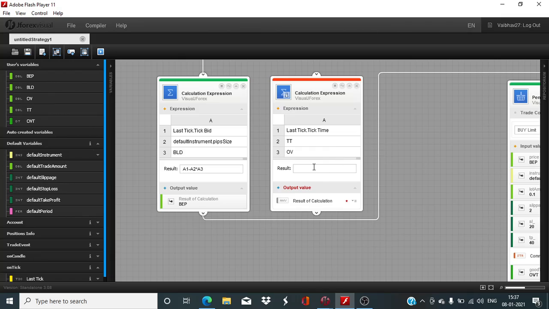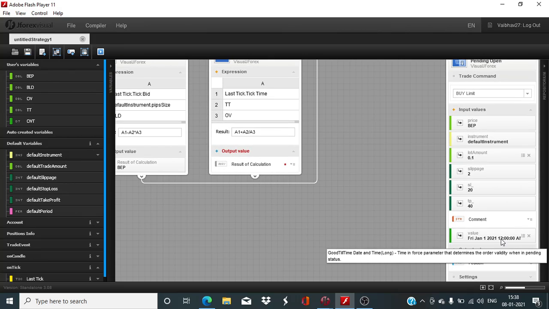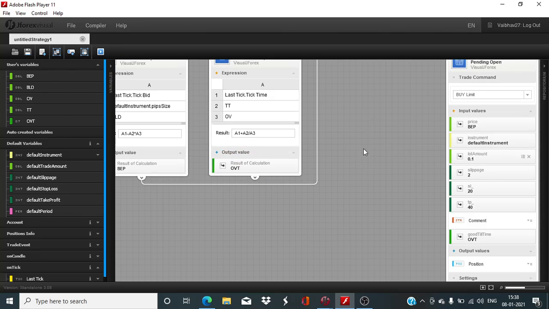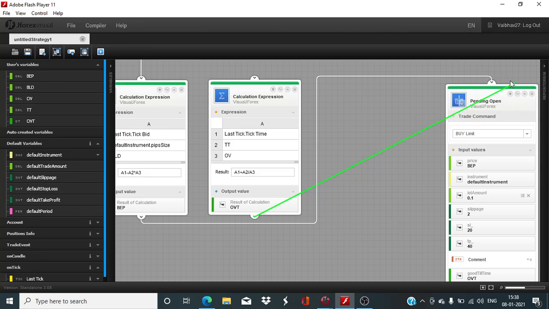Okay, so it should be a1 plus a2 divided by a3. So we will be taking the 1/4 of 3.6 million, and we will be adding that to the last tick time, and the result is going to be this variable order validity time. We connect it here.